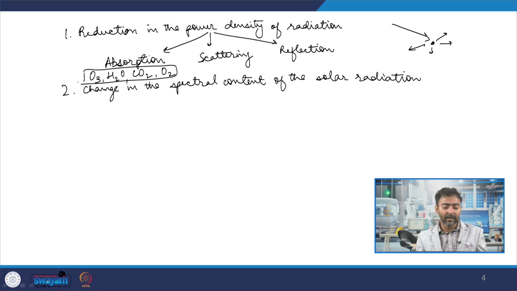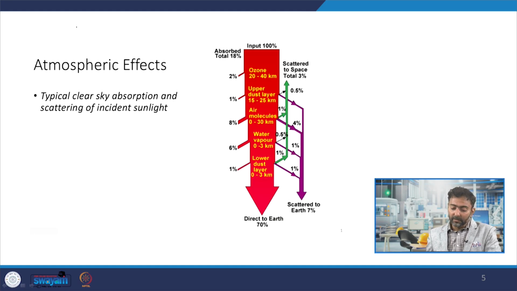But before that, let's look in a little more detail at the reduction in the power density of radiation. What is the effect of different components of the atmosphere, and how do they reduce the intensity of the radiation? So let's look at this.